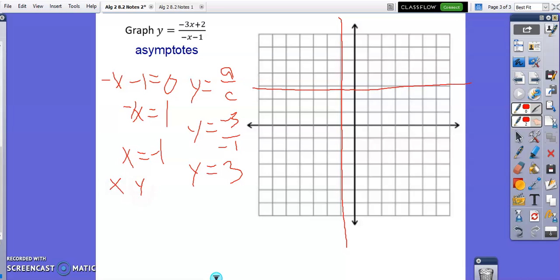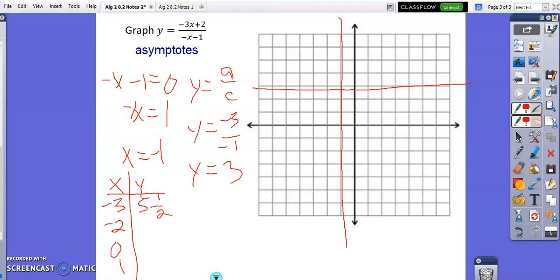For the rest of the xy chart, you can check your own input-output if you want. I'm going to go ahead and fill it in. I had x values at -3, -2. Going to skip right over -1 and go to 0 and 1. And corresponding y values. When x was -3, we got y is 5.5.